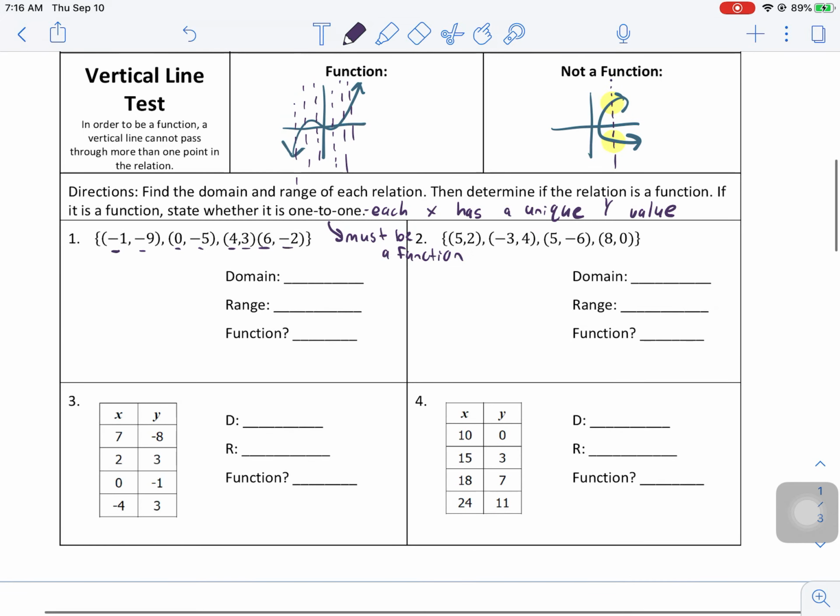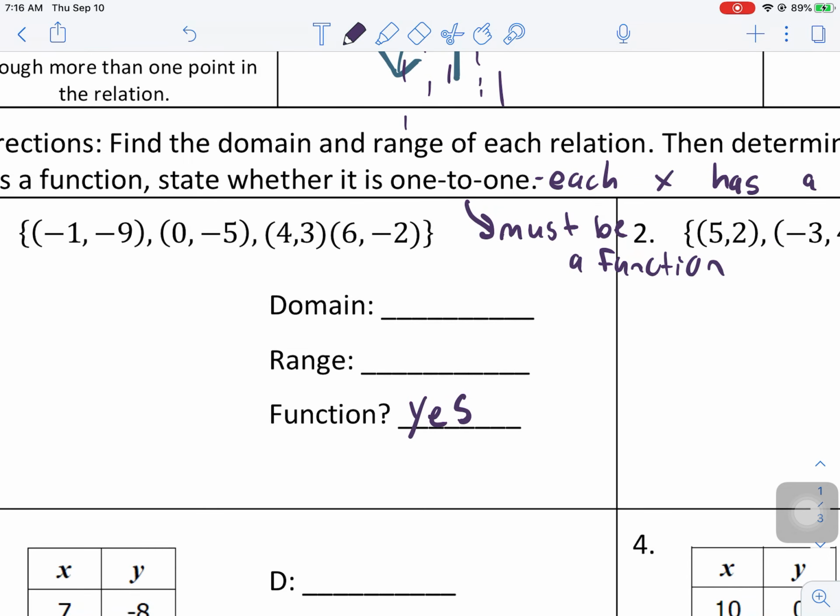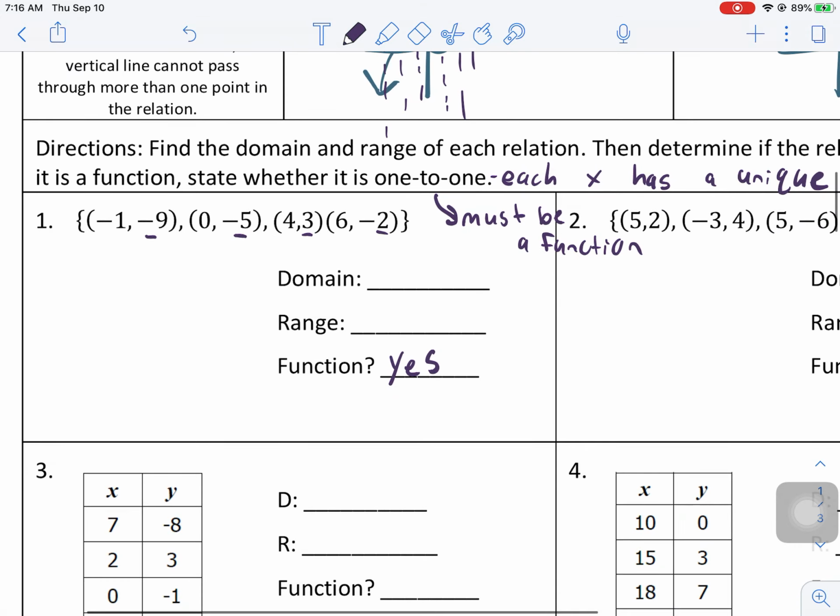Because no x values repeat, all the x values are getting used. This is a function. And then the question of is it one-to-one is: is every y value different? Does each x have a different y value that it goes to? We have -9, -5, 3, and -2. So we can say yes, this is one-to-one.